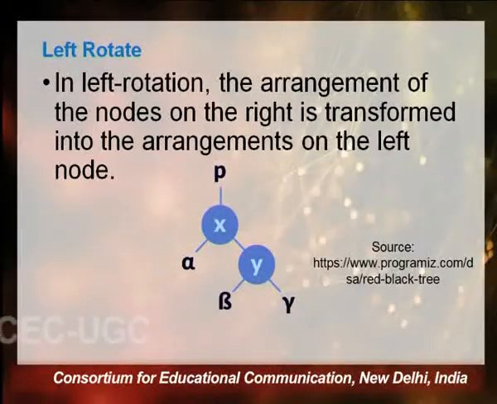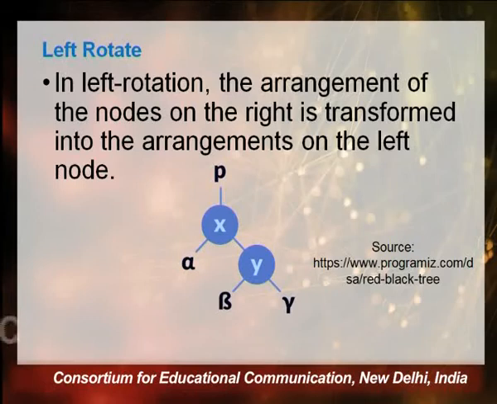Now let us consider the figure which is shown on the screen, and see what effect any rotation, a left rotation or a right rotation, is going to create. Looking at the figure, we have basically two subtrees. One subtree is rooted at x, another subtree is rooted at y.